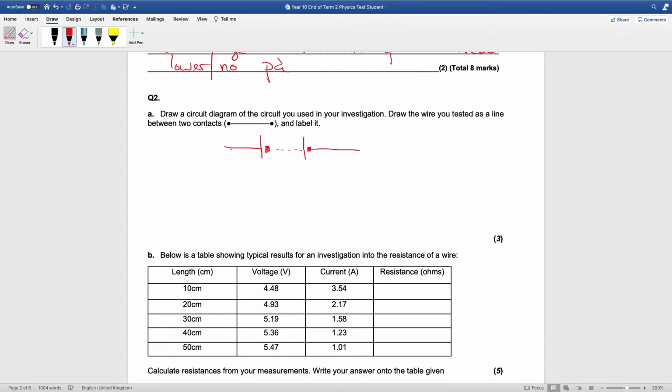So there's my battery. Here's my ammeter in series with my battery, and my wire, of course, but the wire isn't there yet. I'm going to put my wire in between these two crosses here.